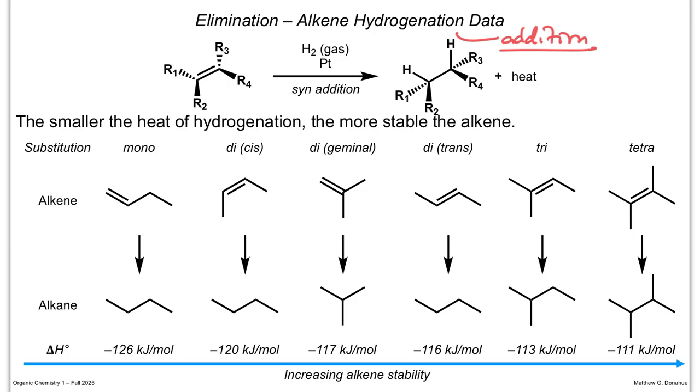So elimination forms a pi bond, an addition reaction adds things back to a pi bond. It's called addition because we have hydrogen gas, so H2. In our alkene, each carbon is going to get an H atom. So H2 has added across the double bond.